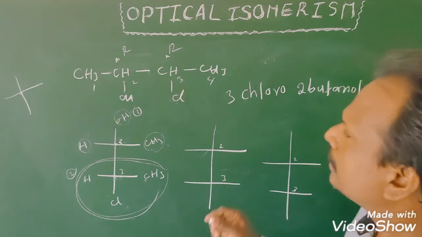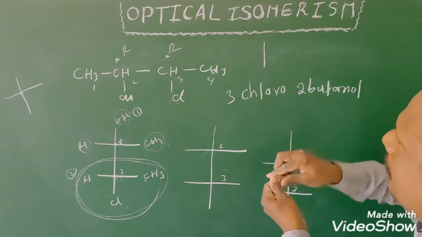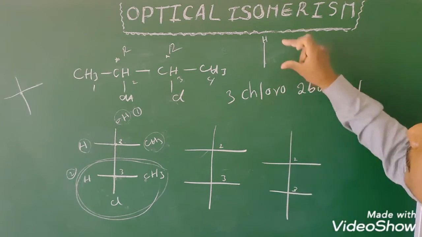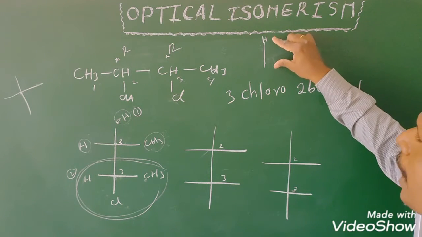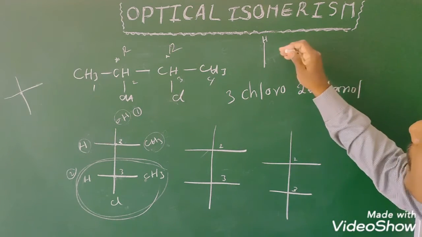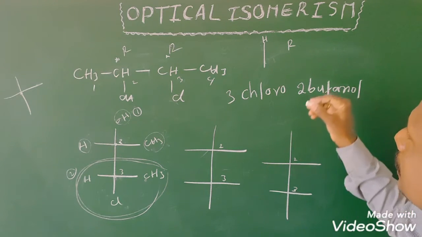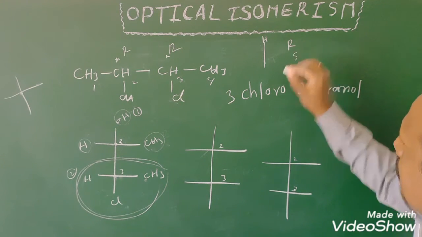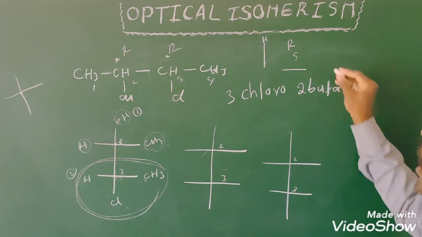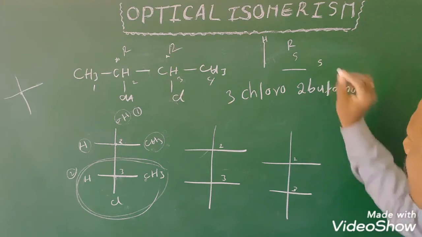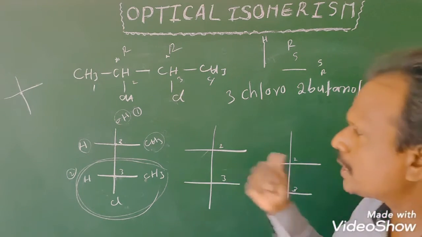In Fischer projection, if the small group occupies a vertical place, then for clockwise numbering, chirality is R. For anti-clockwise, S. If the H atom is in horizontal, then for clockwise, S. Anti-clockwise, R. These are the simple tricks in Fischer projection.